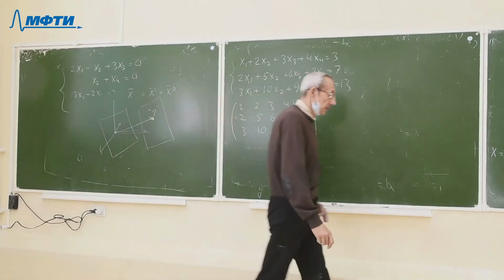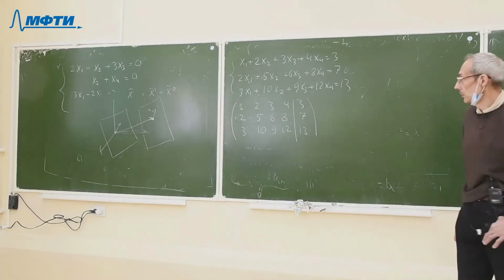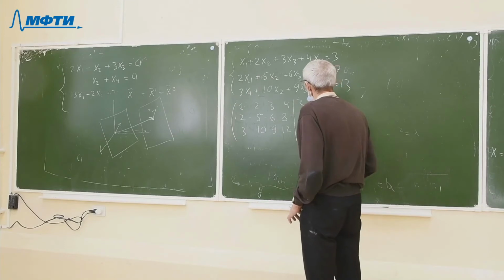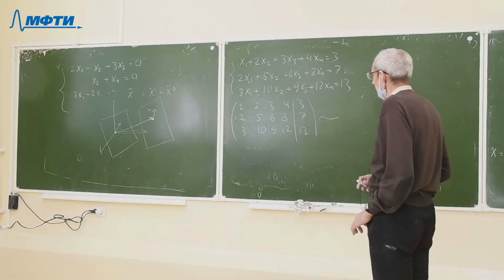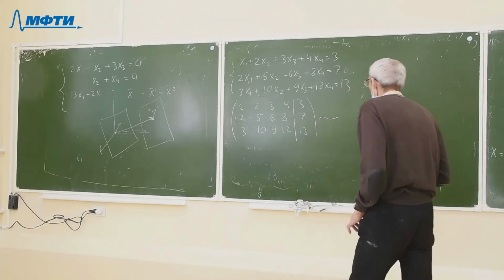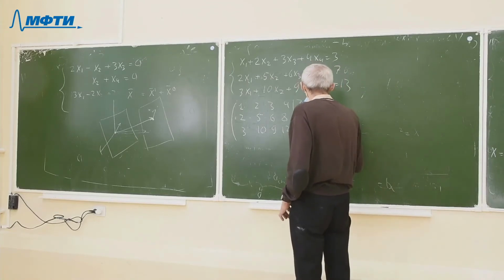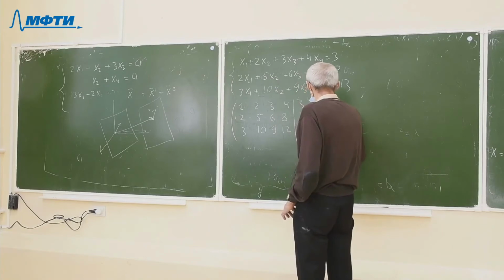And using the Gaussian elimination method, reduce this matrix to the echelon form, and after that the simple reduced echelon form.